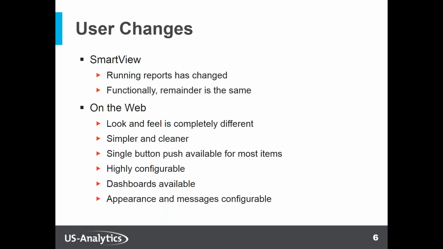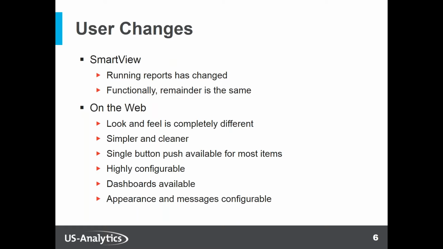The only thing that has changed with SmartView that you'll see once you're off of the on-premise is that you used to have a drop-down in SmartView to be able to run some of your financial reports straight from SmartView. That folder has gone away, and you can still look at the report in SmartView, but you must start the initiation of that report on the web.